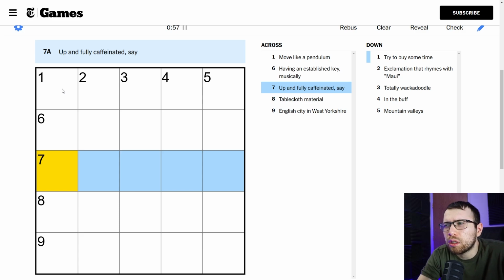Tone, key. What's a key exactly? I don't even know exactly what a key is. I'm not musical. Questions like this will always stump me because I have very, very little musical understanding.